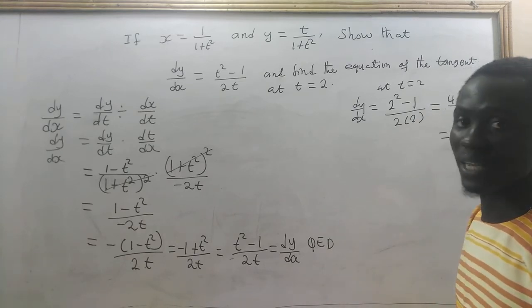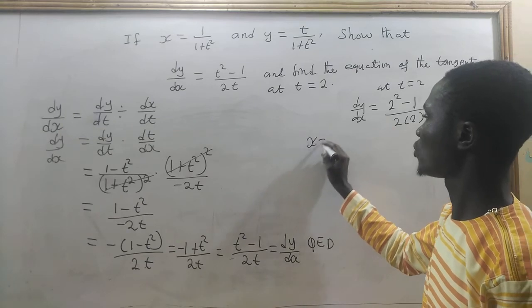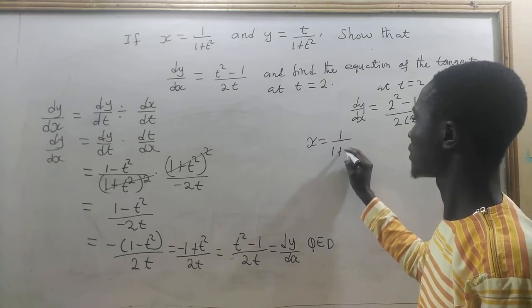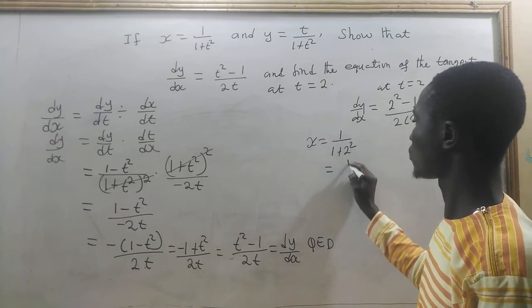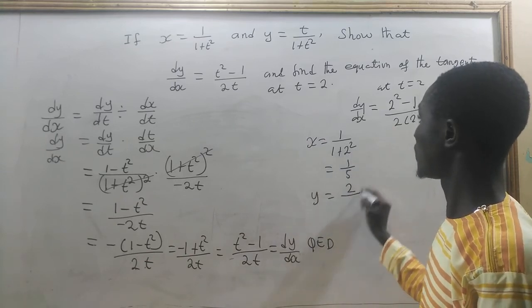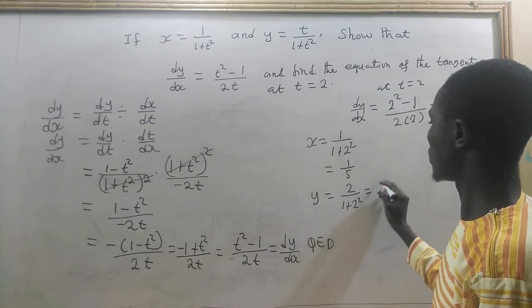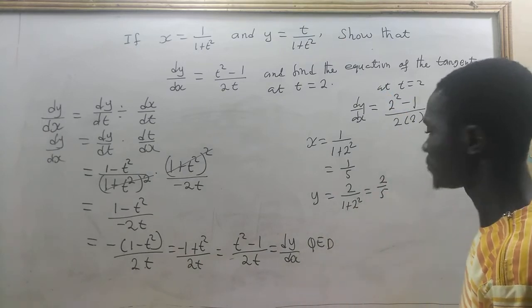Now, what are the values of x and y at t equal to 2? At t equal to 2, we have x equal to 1 divided by 1 plus 2 squared, and that will give us 1 divided by 5. y will be equal to 2 divided by 1 plus 2 squared, and that will give us 2 divided by 5.